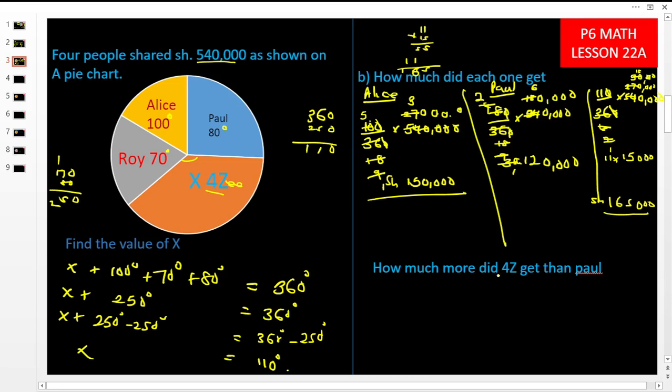Then how much more did 4Z get than Paul? So we are getting now how much more. Much more means we are getting the difference.